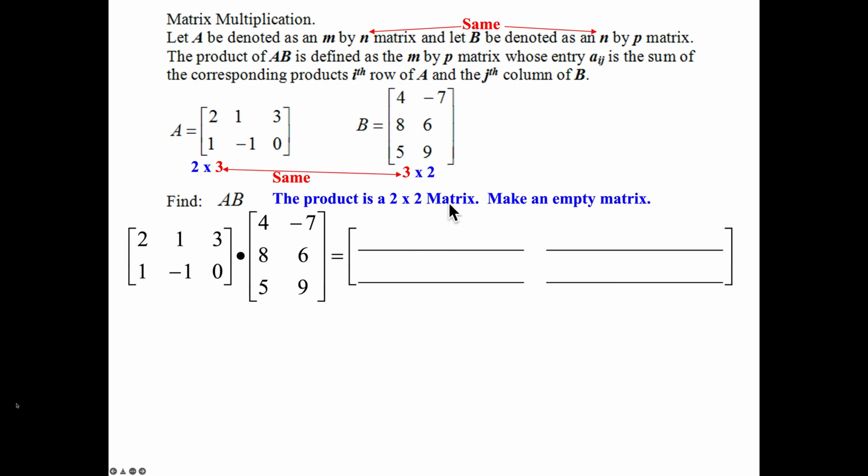And I like to build an empty matrix. 2 big blanks for the first row, 2 big blanks for the second row, and we're going to fill them in based on the definition.